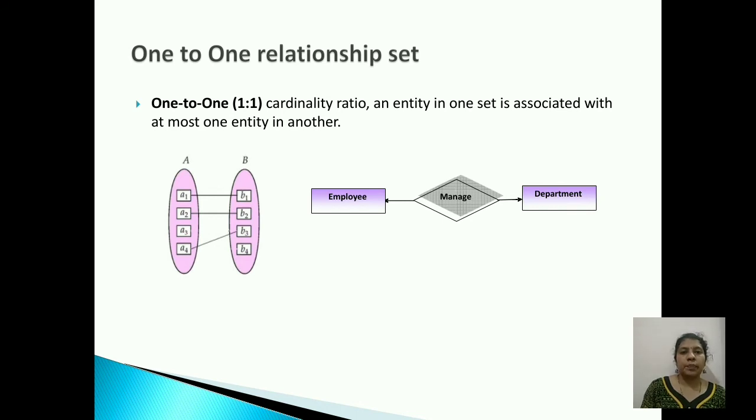Observe this clearly. A1 is mapped to B1, A2 is mapped to B2, and A4 is mapped to B3. So exactly one entity from B is mapped to one entity in A. That's why it is called one-to-one.